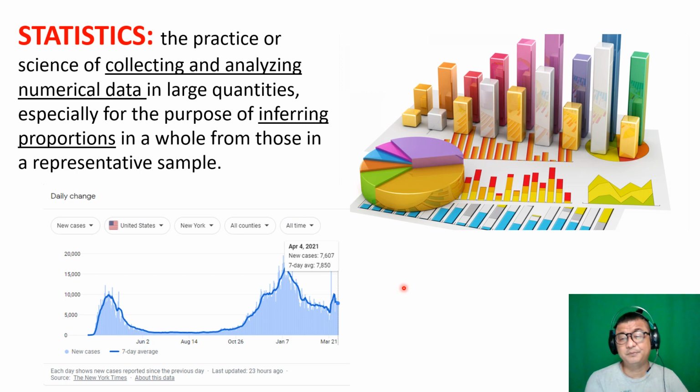So that's the purpose of statistics. You make sense out of numbers. Numbers will say something. Numbers will speak out. Numbers can be written as graphs, as tables, pie charts. You've seen that, and it will tell a story.